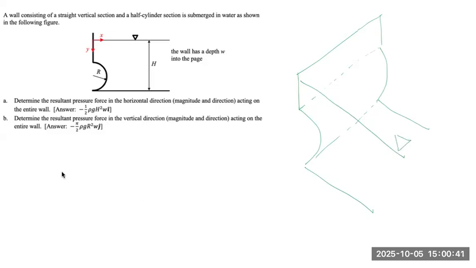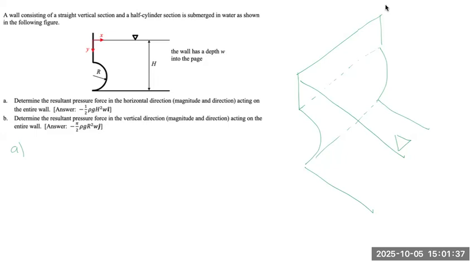And for part A, we will use the principle that for hydrostatic pressure in the horizontal direction, the horizontal force is the force of the pressure of the water on the vertical projection of the area.